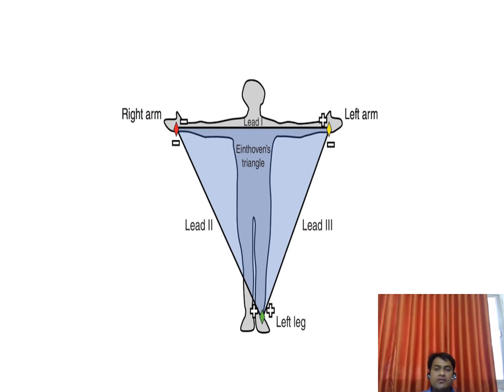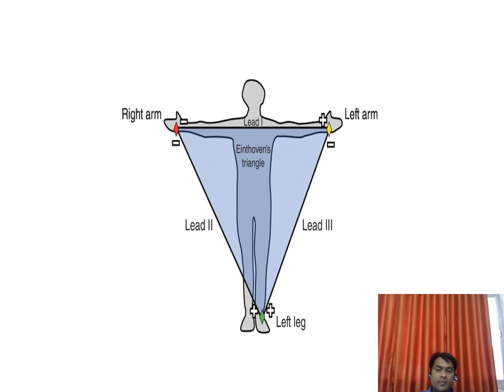So in lead 1, the negative electrode is connected to the right arm, and the positive electrode is connected to the left arm. In lead 2, the negative electrode is connected to the right arm, and the positive electrode is connected to the left leg. And in lead 3, the negative electrode is connected to the left arm and the positive electrode is connected to the left leg. So lead 1, lead 2, lead 3.